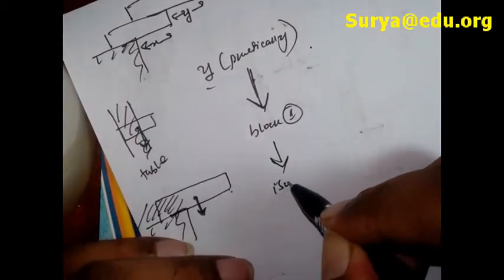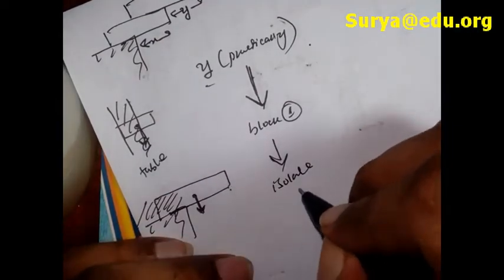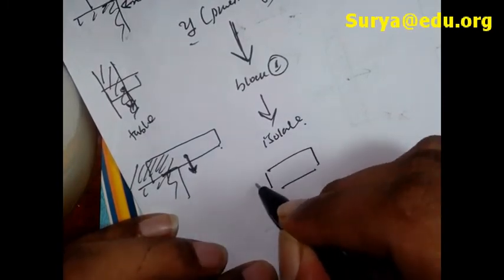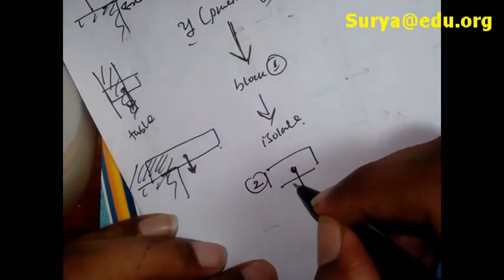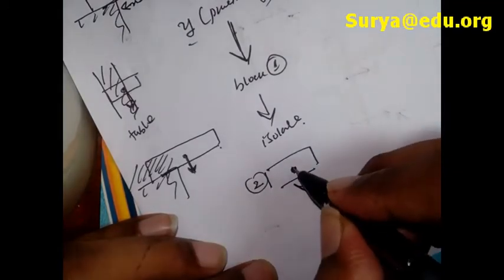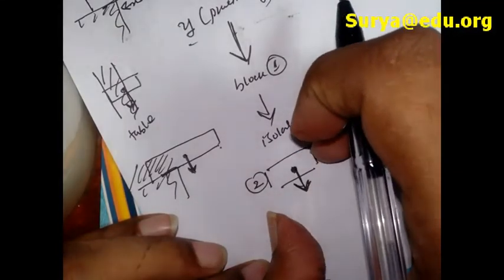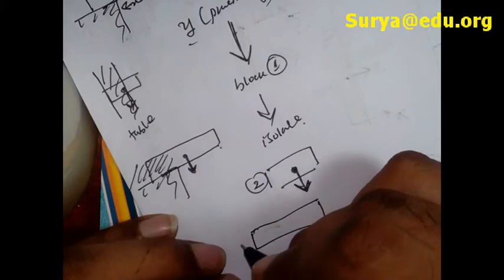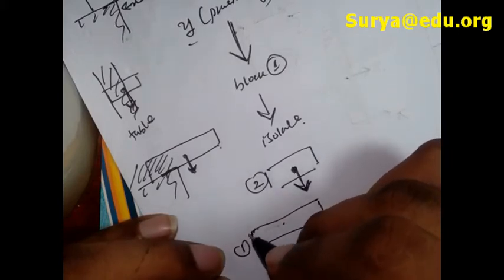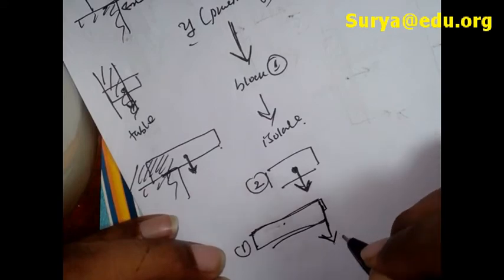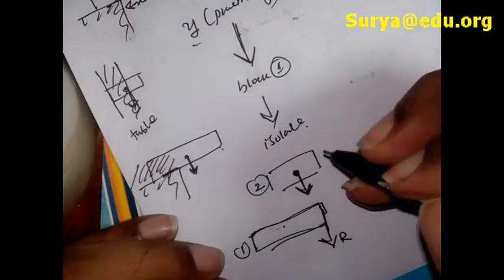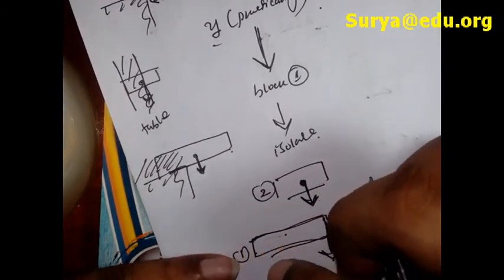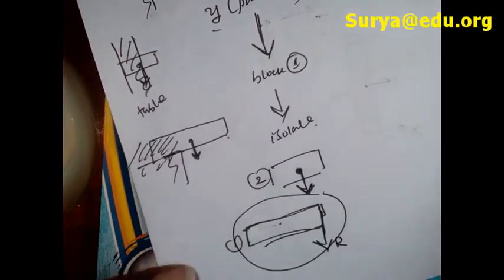When you are going to analyze block number 1, the next thing you have to do is isolate it, right? You have to isolate block number 1. How are you going to isolate it? Block number 2 has its weight through the center of gravity of block number 2, so that will definitely pass through the extreme end of block number 1, that means R. So if you know the exerted force on block number 1 by block number 2, you can now isolate this system.